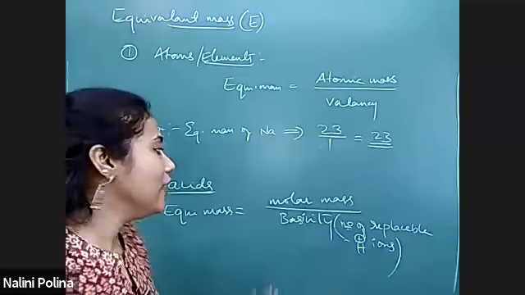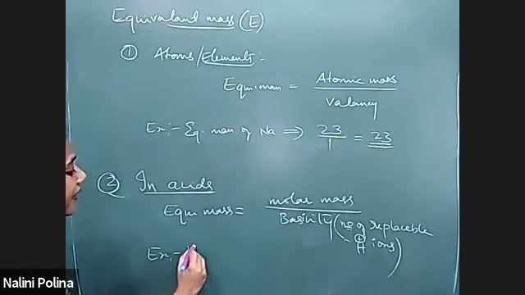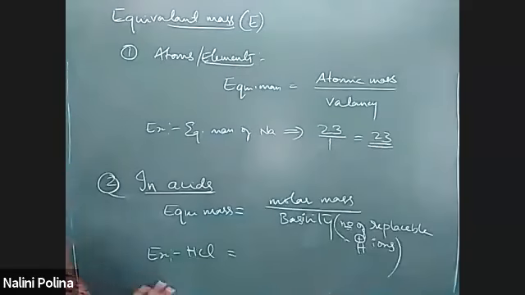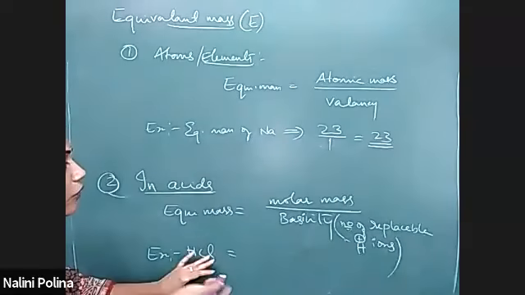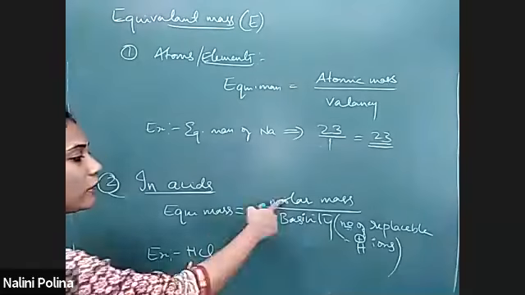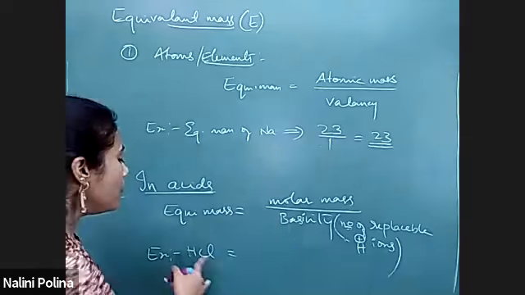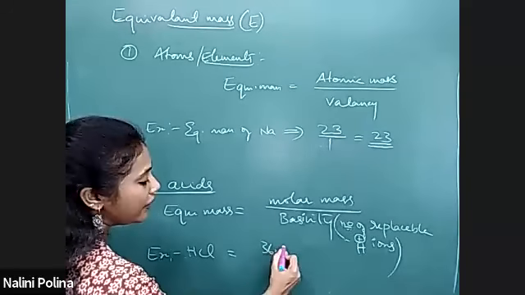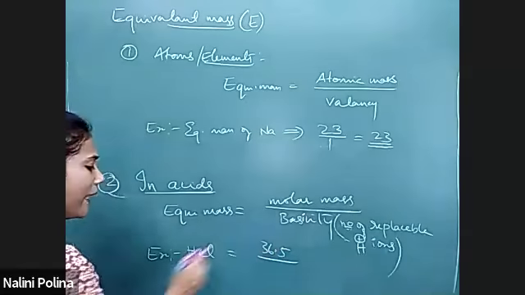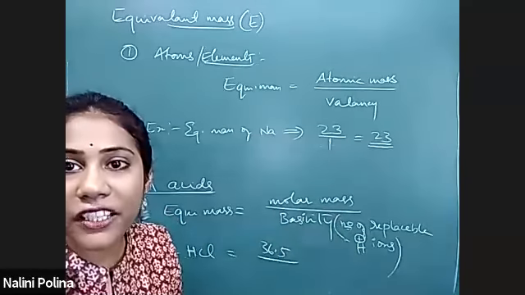Okay, fine. So for example, if you want to find out the equivalent mass of HCl, what is the molar mass of HCl? What is the formula? Molar mass divided by basicity. Molar mass of HCl is 36.5 divided by basicity. How many H plus ions can it give during a reaction? 1.